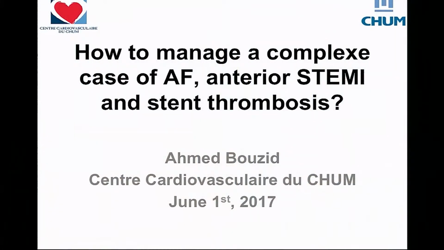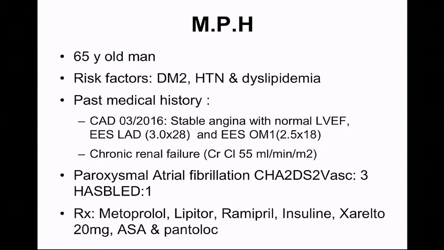Dr. Ahmed Bouzid. So our patient is a 65-year-old man with cardiovascular risk factors including type 2 diabetes, hypertension, and dyslipidemia. He's known with coronary artery disease with stable angina treated with PCI of both LAD and first marginal in March 2016.